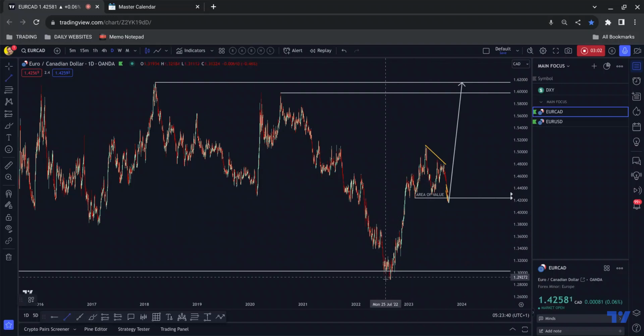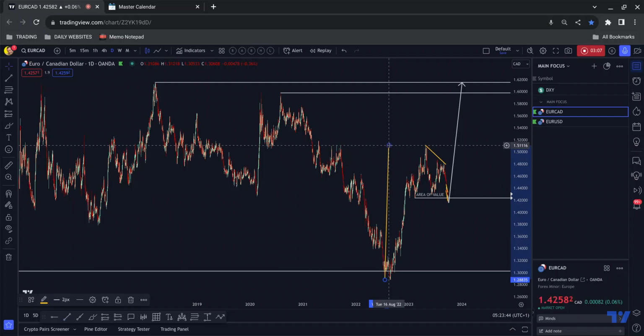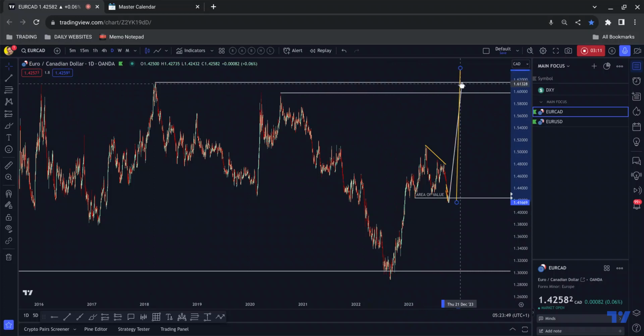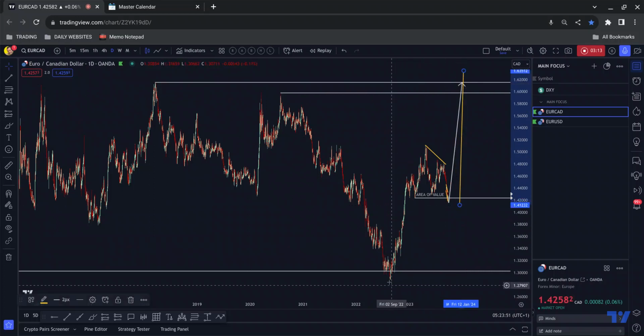As I said yesterday, if we just measure the impulse, the correction, the continuation leg out of an impulse, correction, continuation often tends to be of a similar length to the preceding impulse. So this one here, if we take the measurement from here to the top of this correction, that would send us up to here, which, as I said yesterday, makes sense because we have what we call a near miss.